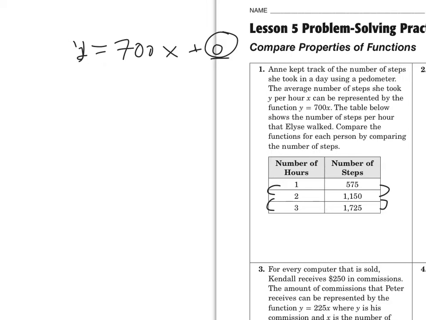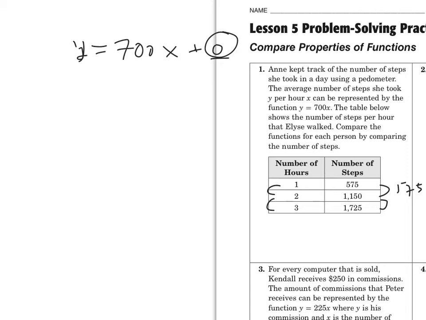Problem number 1, again, we're going back to Elise, and she's going from 575 to 1150. I just want to take out my calculator and verify the number. I believe it's going to be 575, but let's make sure. It's 1150 minus 575, so this number changed 575 steps.